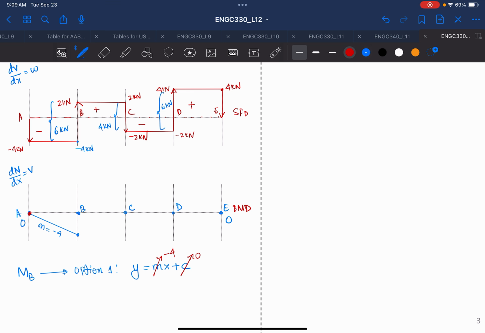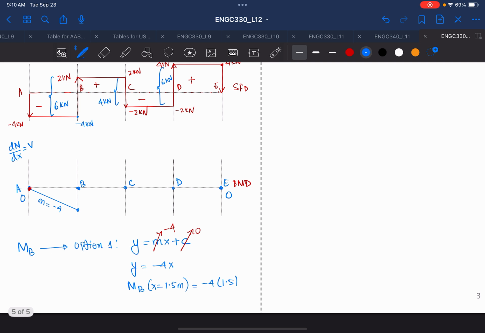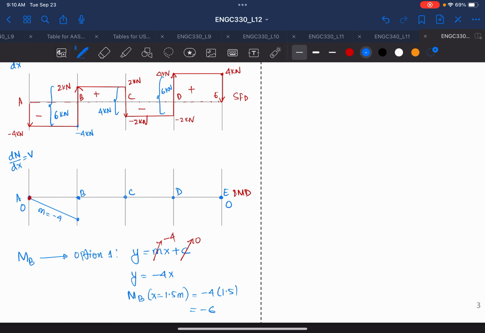So finally, we can say that y is equal to minus 4x. Which means that moment at B, at x equals 1.5 meter, is equal to minus 4 times 1.5, which is equal to minus 6 kilonewton meter. So that is your option number 1, using a linear equation.